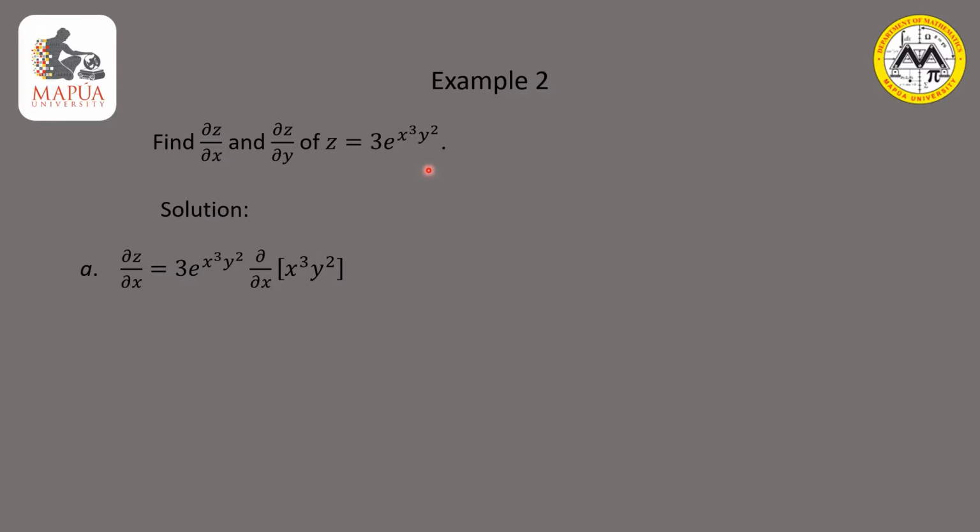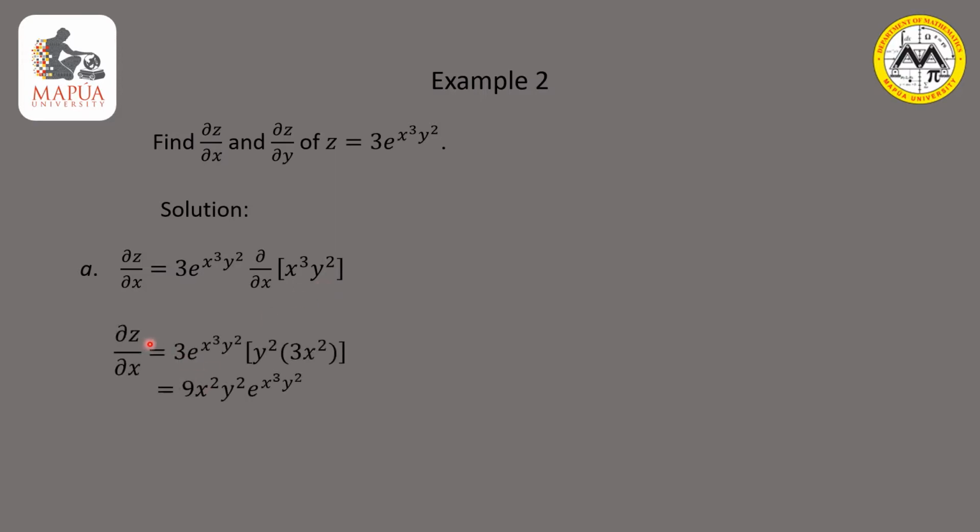So the derivative would be equal to the factor 3 times e to the x cubed y squared times the derivative of the exponent. But this we will be differentiating partially with respect to x, and therefore we will be considering y constant.